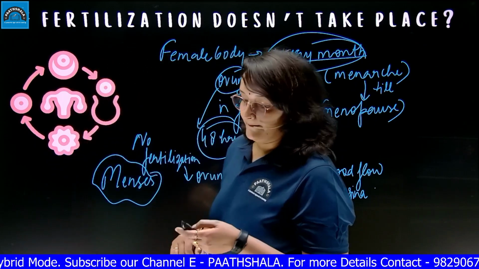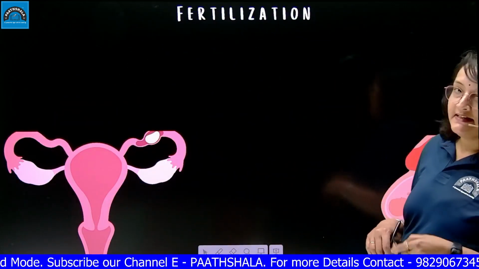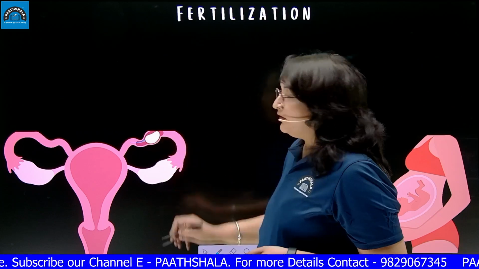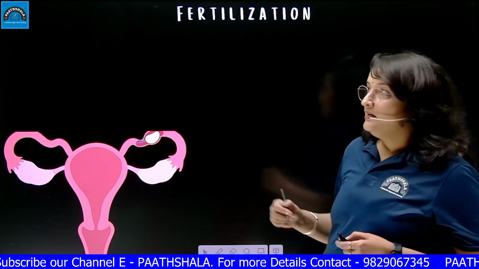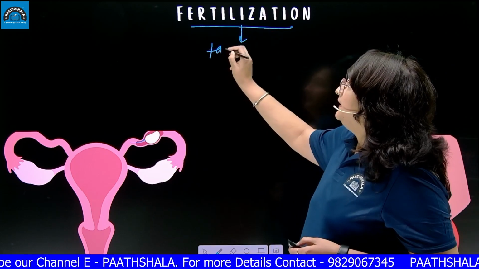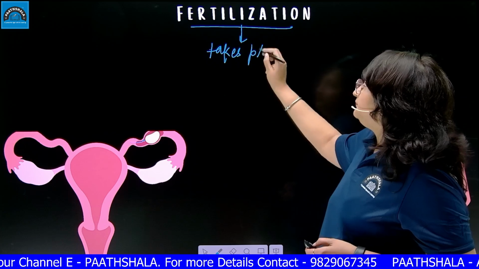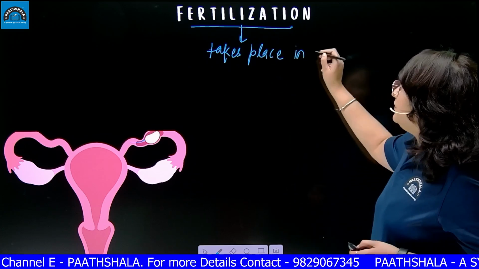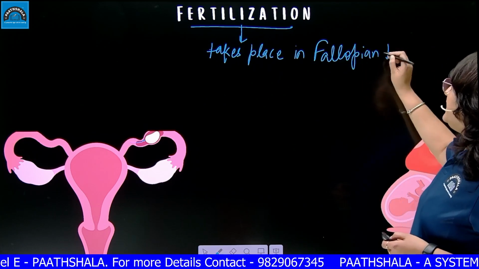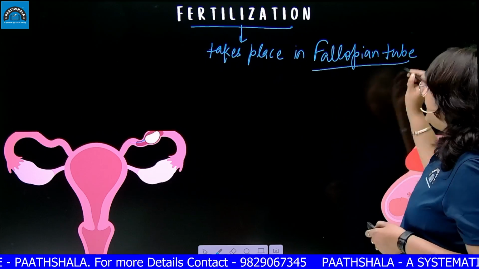But in case fertilization occurs, if the sperm and the ovum come in contact, fertilization will always take place in the fallopian tube, or you can say oviduct. As fertilization takes place in the fallopian tube, what will happen?